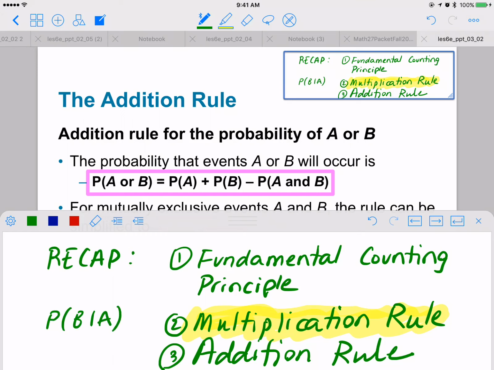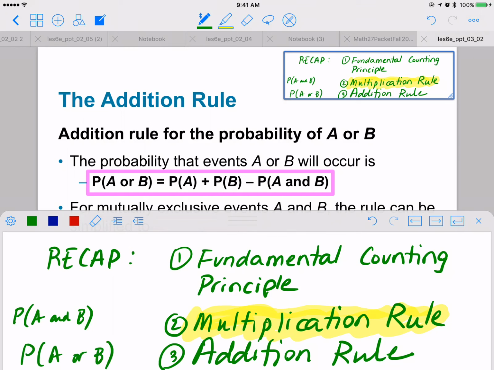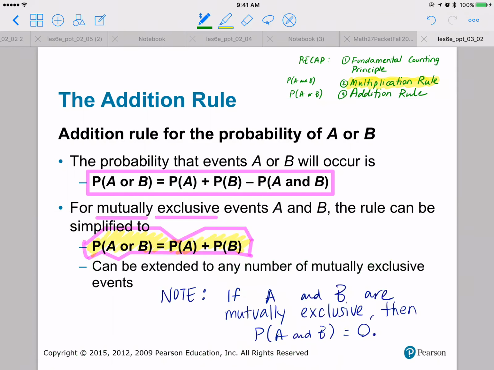So this is involved in the definition. When you're calculating multiplication rule, you're trying to calculate probability of A and B, right? So probability of A and B. When you're doing addition rule, you're trying to calculate the probability of A or B. And the fundamental counting principle is really just telling you how to compute the denominator in each of these fractions.